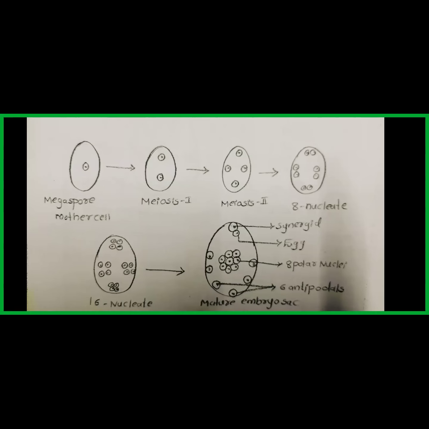Such a 4-nucleate megaspore is known as coenomegaspore. All 4 nuclei of the coenomegaspore participate in the formation of the embryo sac, so it is called the tetrasporic embryo sac.